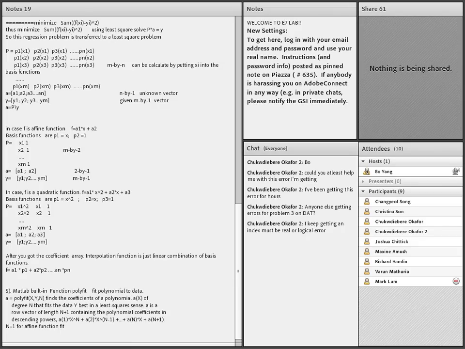The x and y are two vectors recording the training data, and capital N is the degree of the polynomial.